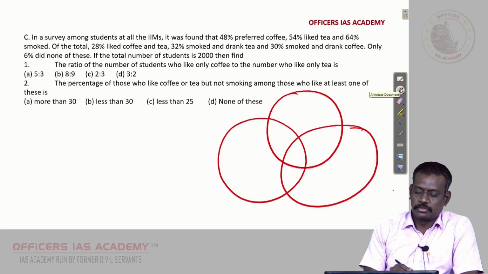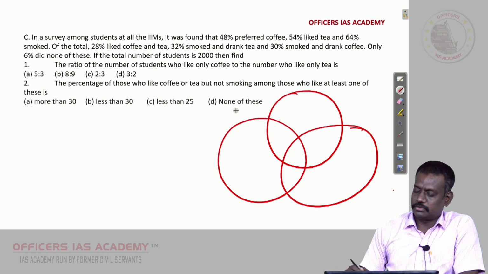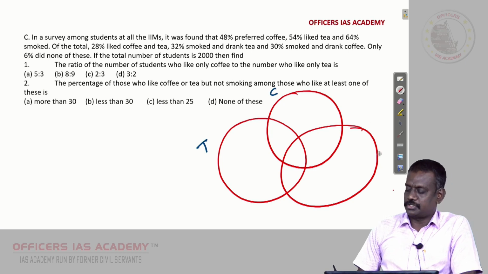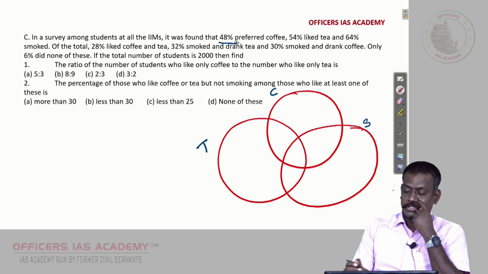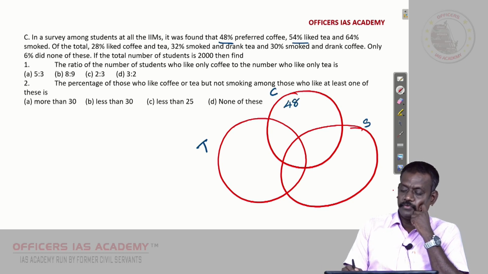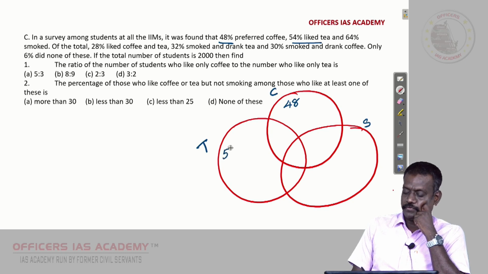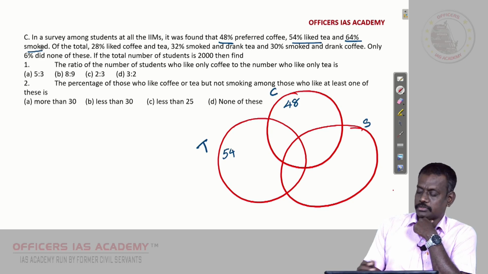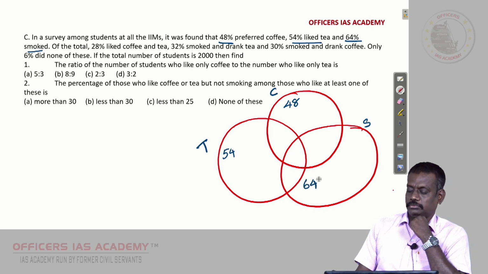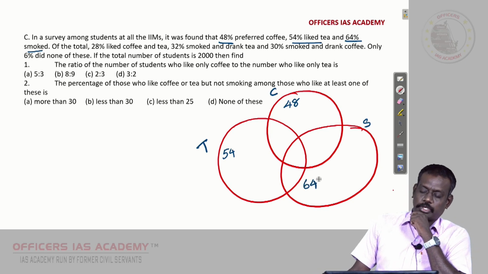Okay. So first it is given coffee. So we'll take this as coffee and this as tea and this is smoked. Okay. And it is given 48% preferred coffee, 48, and 54% liked tea, so it is 54, and 64% smoked, so it is 64. Okay.